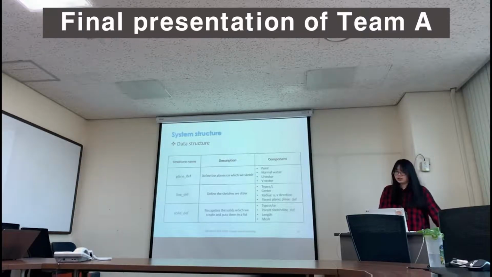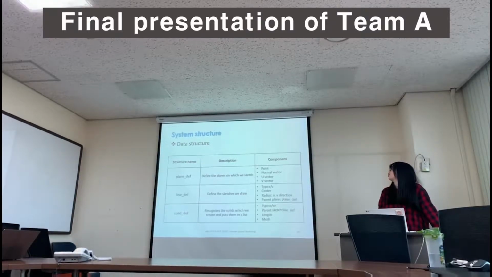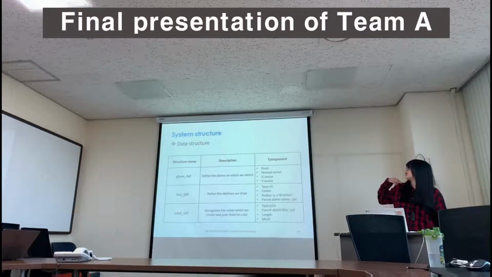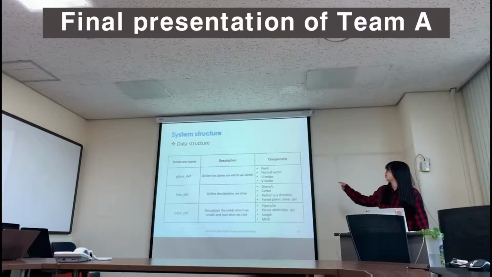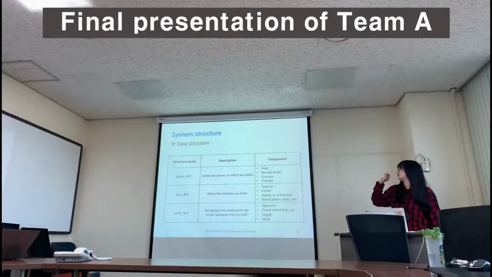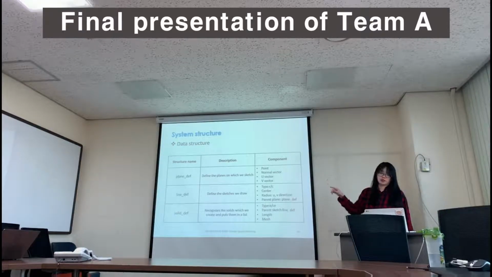And I will explain the system structure. To make sketch and solid features, we design data structures. So there are plane and line, meaning sketch and solid. They have many components, and we put the information in the structure.